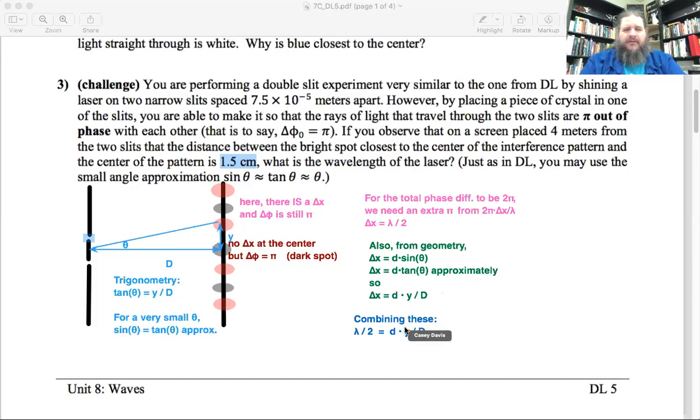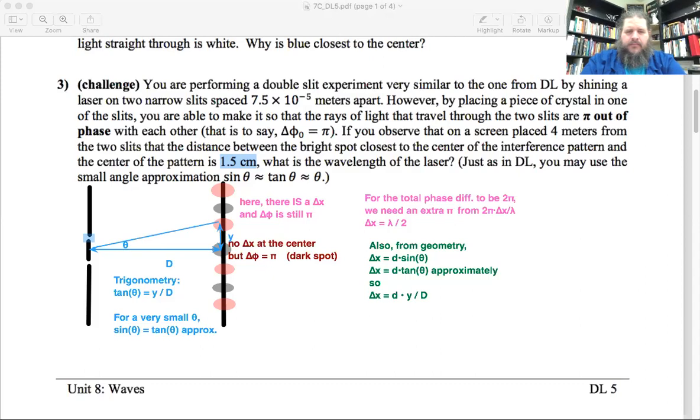We know the height of the first bright spot, that's 1.5 centimeters. You'll probably want to write that in meters. Not necessarily have to, but probably a good idea. And then capital D is the 4 meters of distance from the slits to the wall. So I think we can just solve for lambda by multiplying both sides by 2.